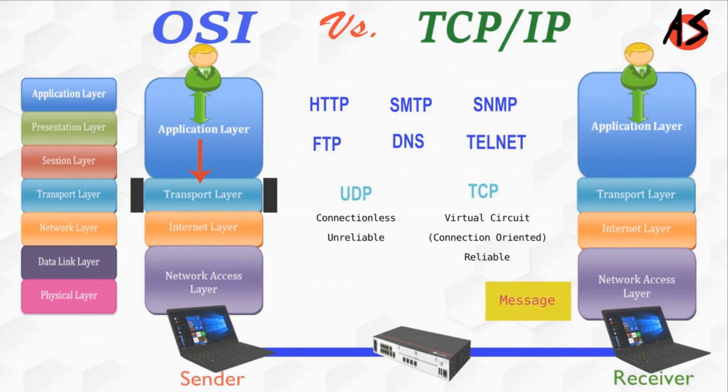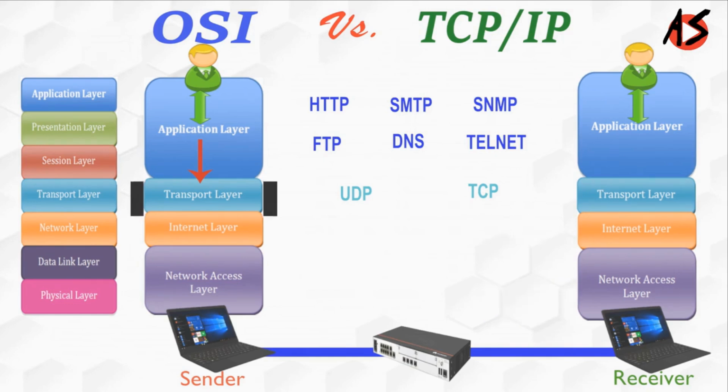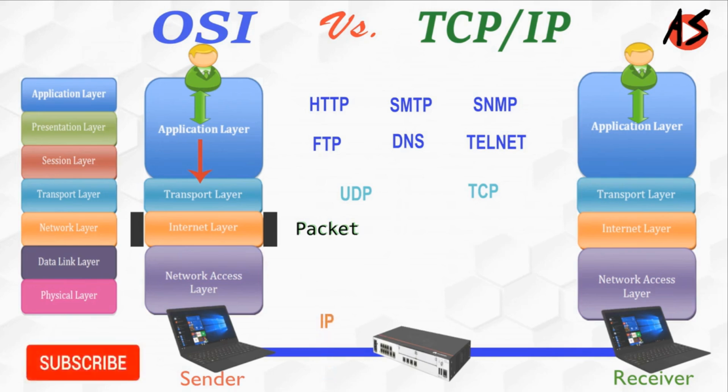Next to this, we have the Internet layer. The Internet layer, also known as the network layer, is responsible for sending the packets from any network to the destination, irrespective of their routes. The IP protocol is the most significant part of the entire TCP/IP suite.